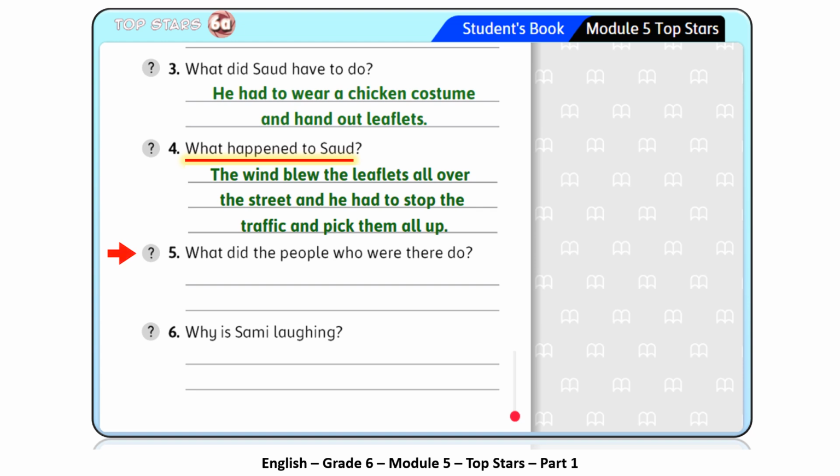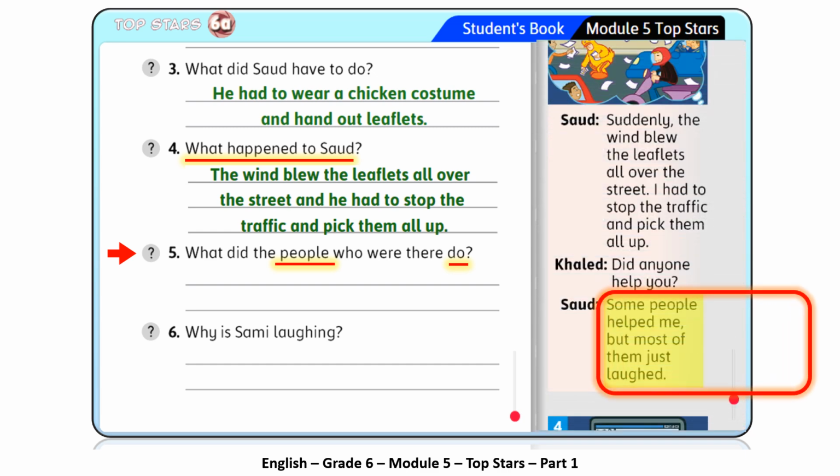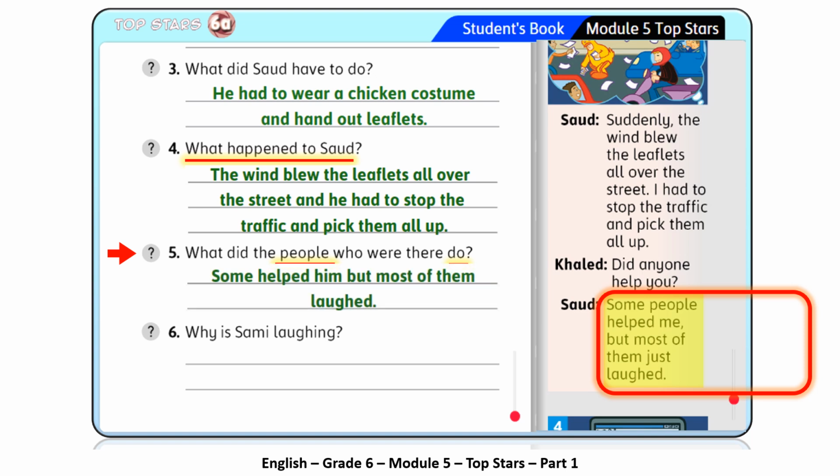Number 5. What did people who were there do? "Some people helped me, but most of them just laughed." So the answer is some helped him, but most of them laughed.